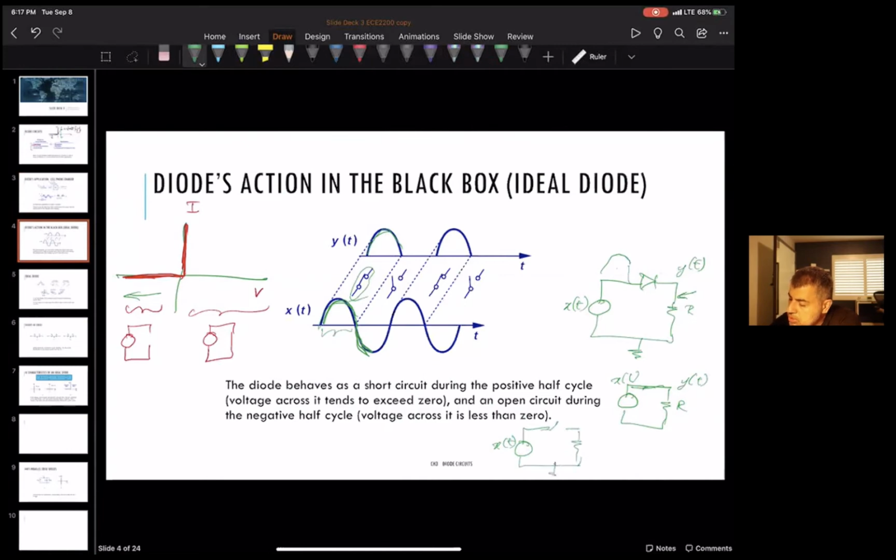So basically y of t just goes to ground when x of t is negative, and y of t follows x of t when x of t is positive or above ground.